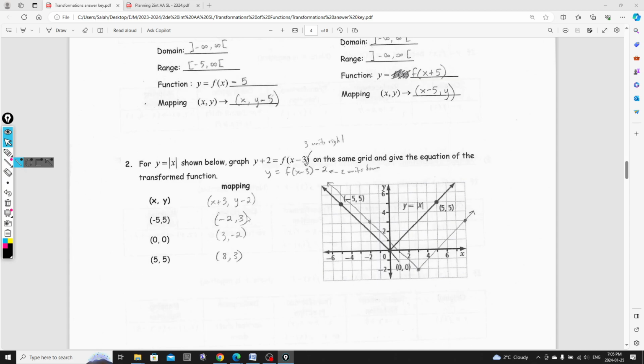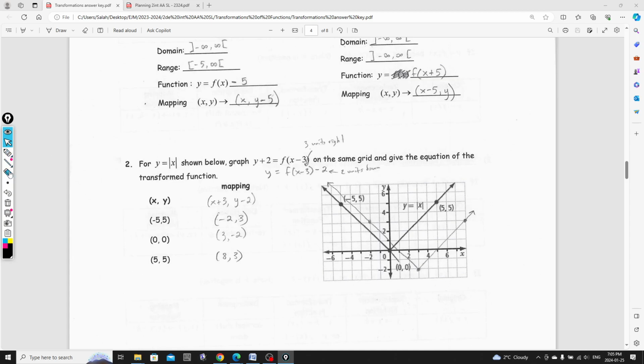And the image of that is -2, 3. There's its image. Its image is found 3 units to the right and 2 units down, right? 3 units to the right and 2 units down. Okay, and then you just do the same exact thing for these 2 other points. You put them on your graph, and then you draw your graph, and there's what that looks like.